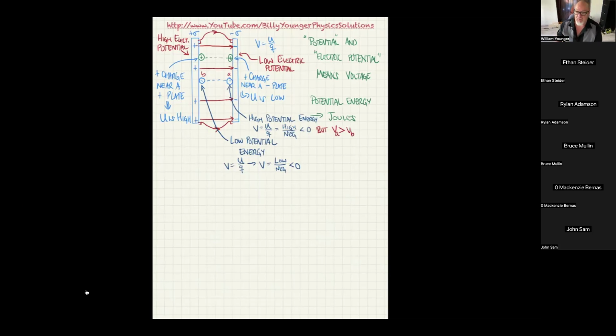And the reason all this is going this way is because it turns out that electrons go from low voltage to high voltage.